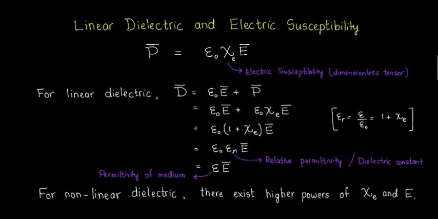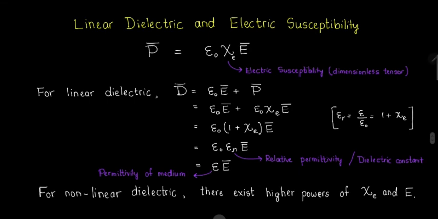Nothing's going to happen. So for a linear dielectric, we know that D bar is epsilon naught E bar plus P bar, and this formula is telling that P bar is epsilon naught chi E bar. Just substitute it here. You'll get all of this. Take things common. Then we have this new variable epsilon r. Epsilon r is relative permittivity, or commonly known as dielectric constant.